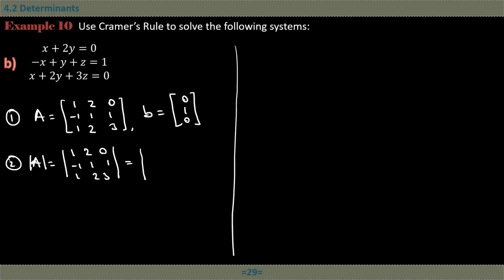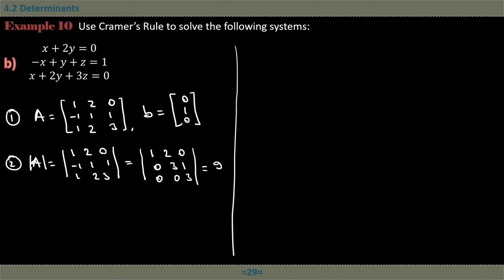At the same time, I can add the first row to the second row. Here we have 1, 2, 0. Here we have 0, 3, 1. And here we have 0, 0, 3. And see here, it's just an upper triangular matrix, so the determinant is 1 times 3 times 3, that's equal to 9. Okay, determinant of A is equal to 9.